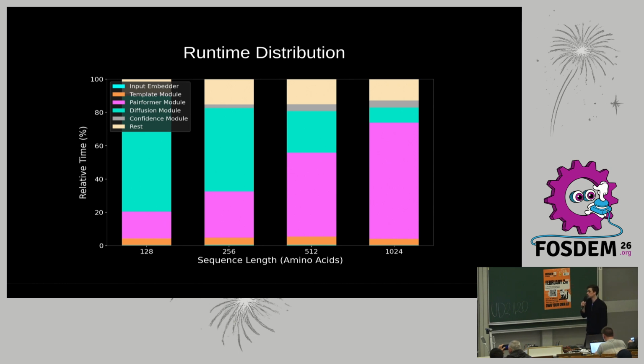And I think the most interesting thing here is that as the sequence length increases, the Pairformer more and more dominates the runtime, and that's because only the Pairformer contains triangle attention and triangle multiplication, which are the only small modules that have cubic complexity. And so for large proteins, we mostly care about the Pairformer, but for small proteins, it's also very important to optimize, for example, the diffusion module.